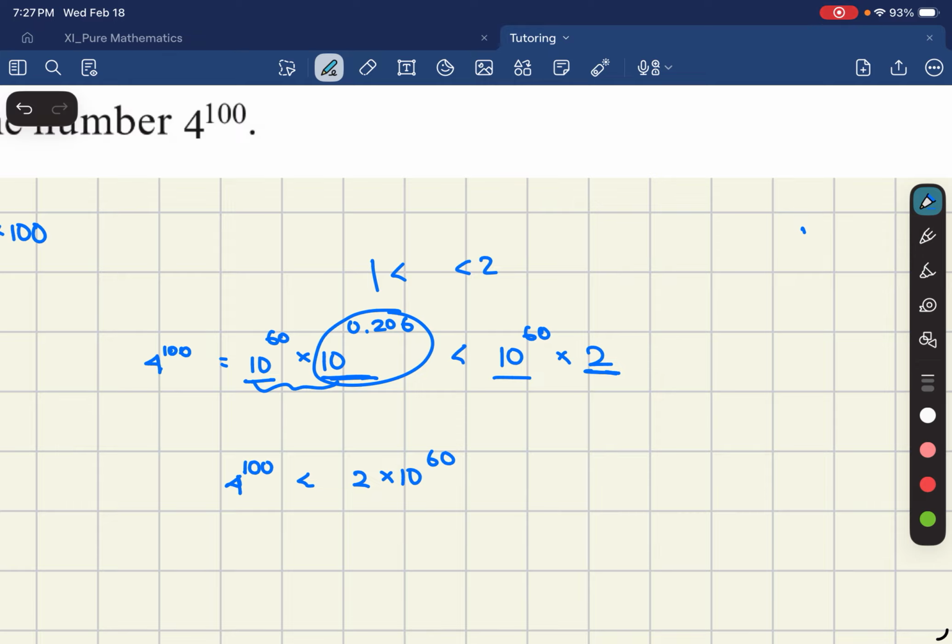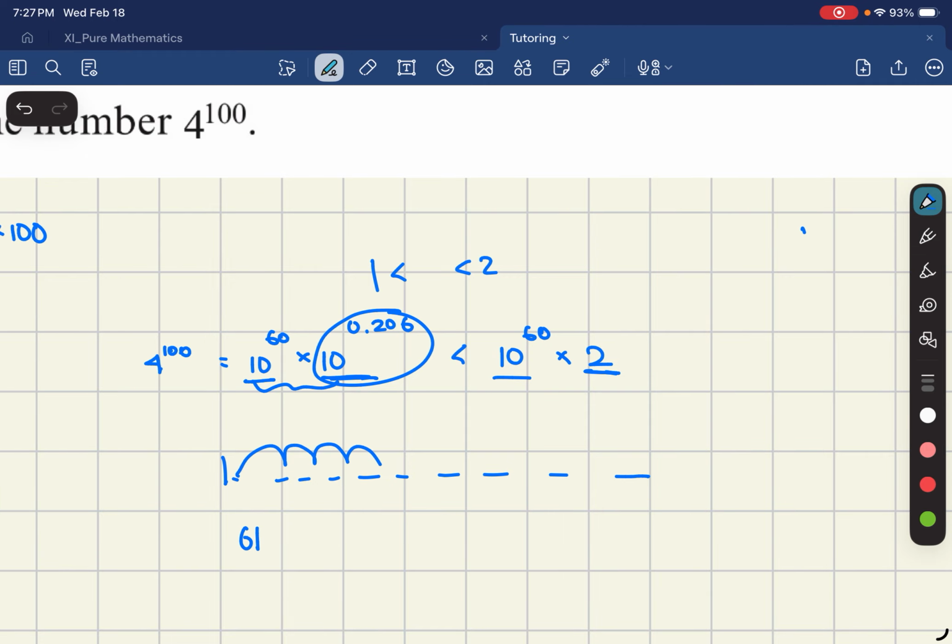And it's 1 point something, and we're moving the decimal point 60 places. So you have 1 point something, something, something here, and then we're moving this 60 places away.